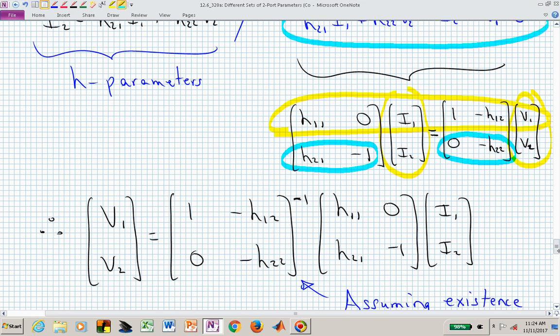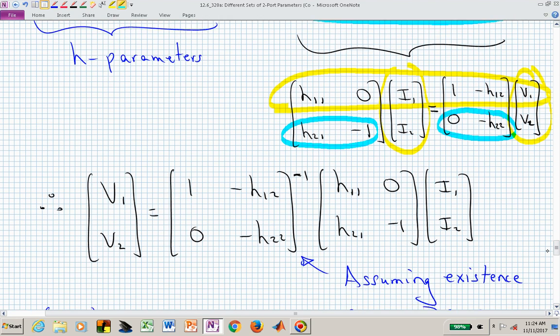But once we have that, now we can solve for V1 and V2 by inverting the matrix that's multiplying V1 and V2 on its left. So if we invert that matrix, and if we assume the existence of that matrix, then we can find the z parameters because now we have V equal to some matrix times I1, I2.